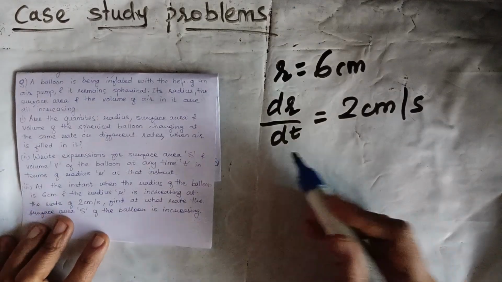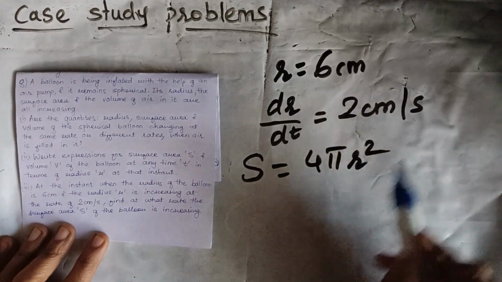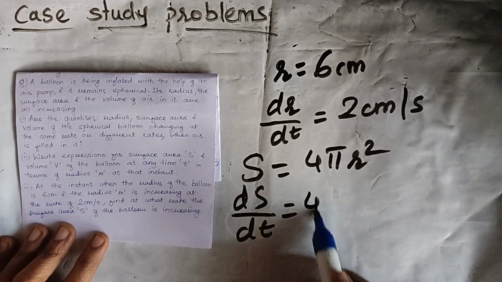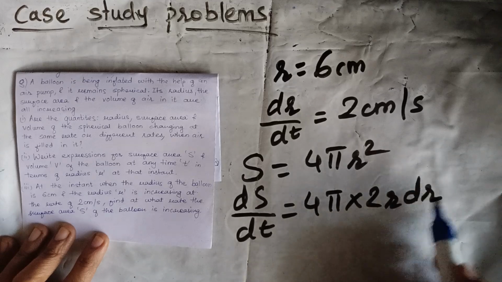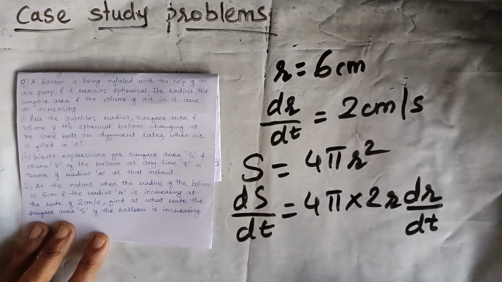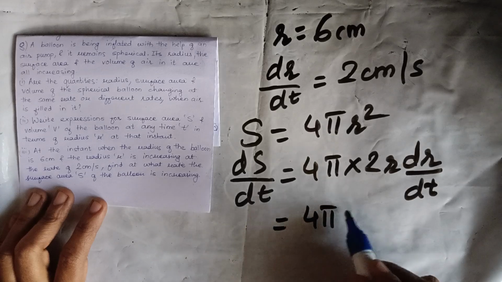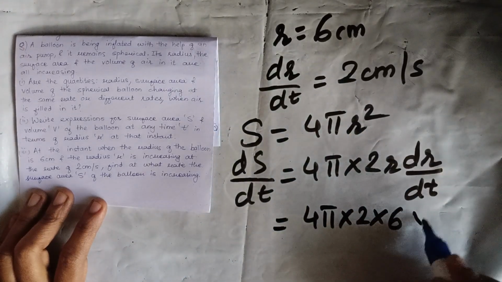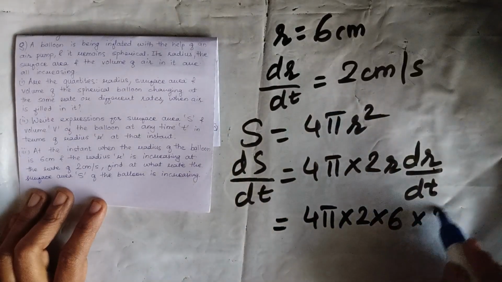Now what is the surface area? 4πr². Differentiating with respect to time, we get 8πr dr by dt. Now you have to substitute the values. r is 6, dr by dt is 2.